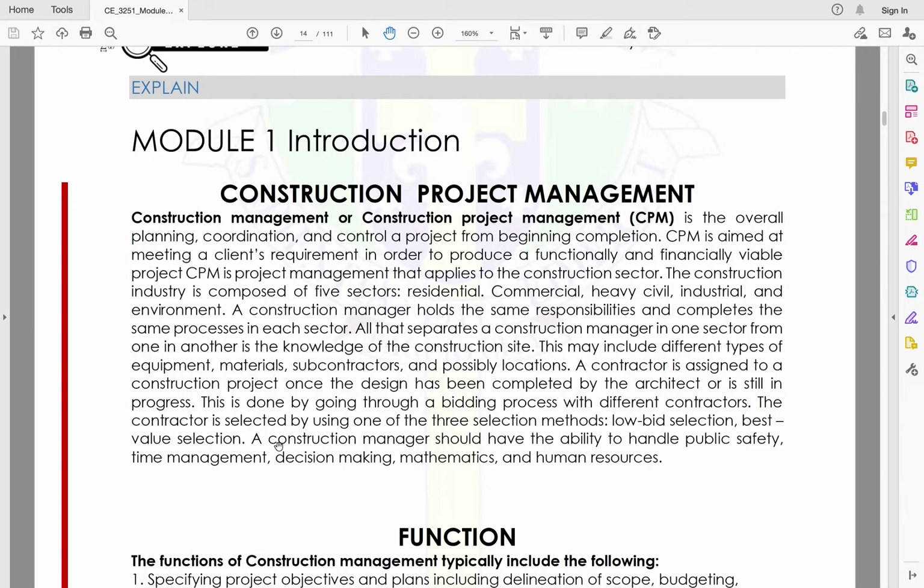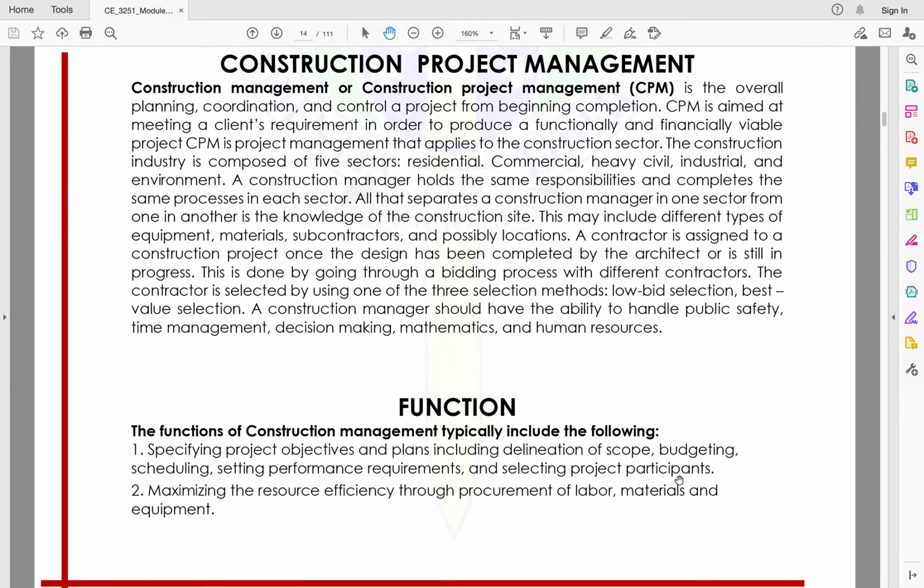A construction manager should have the ability to handle public safety, time management, decision making, mathematics, and human resources. Overall, a construction manager should have the ability to oversee the whole project itself. Okay, so macro and micro managing.